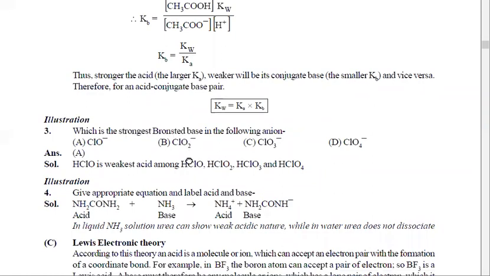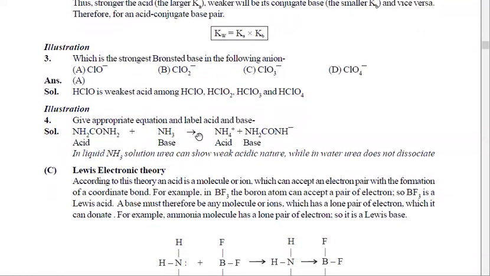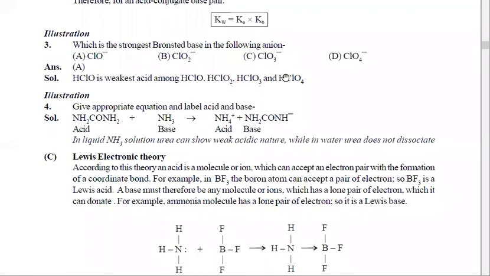Then Lewis theory. We studied that any acid or base can be classified on three bases. The first basis is the presence of H plus and OH minus, which is Arrhenius theory. Second is the presence of H plus only: if any compound is giving H plus, then it is your acid; if it is accepting H plus, then it is your base.